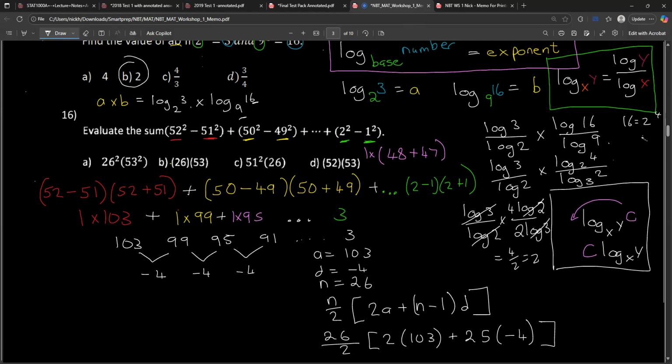Okay, and we end up getting 2 times 103 is 206. 25 times -4 is -100. And so you get 13 multiplied by 106. 13 times 106.